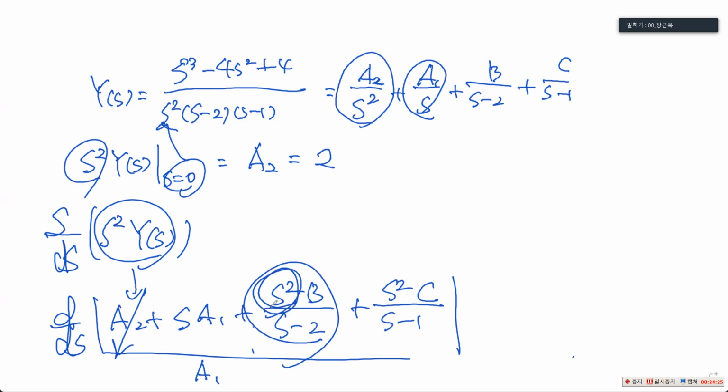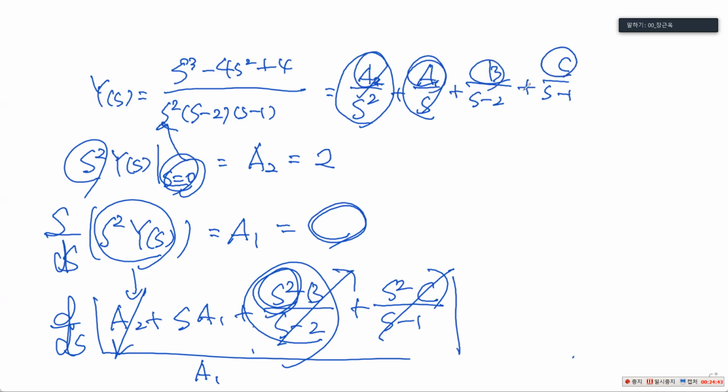And since there is a square term, we put s equal 0, and those two terms are also going to 0. So we can calculate A1 as some number. Okay. So similarly, we can calculate A2, A1, B, C. Once we determine those coefficients, then we can easily calculate the inverse transformation. Okay. Any questions or comments?